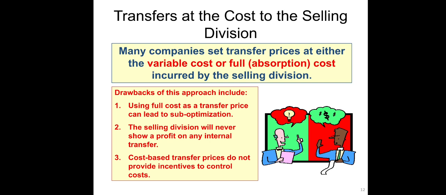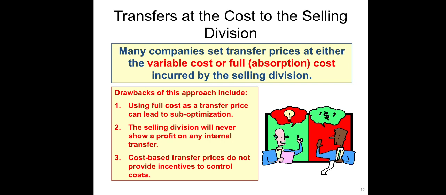But there are some disadvantages if this method is used in a company. You can see in the second yellow box there. The first disadvantage is that using full cost as a transfer price can lead to suboptimization.